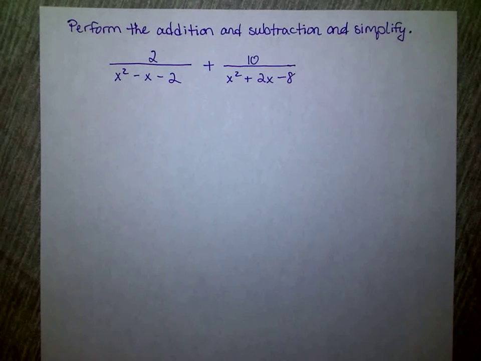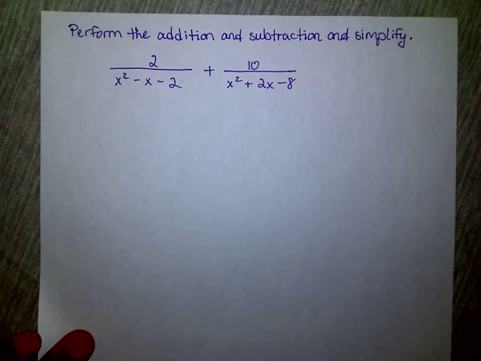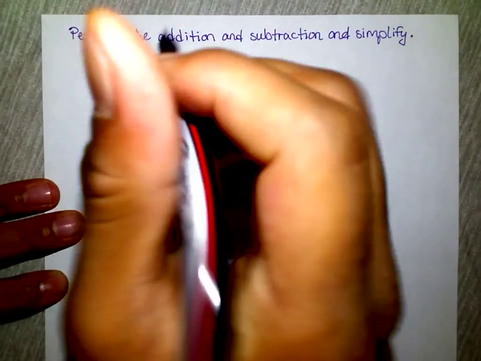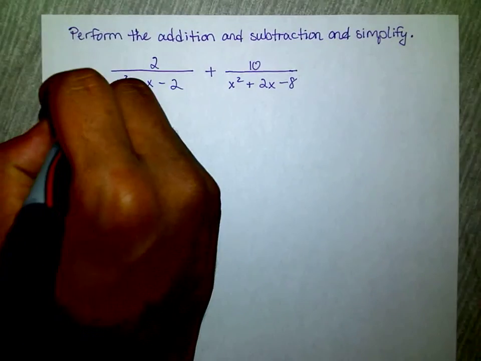Here's our last problem. This one, we got polynomials on the bottom, in the denominators. No worries. Still just going to go ahead and rewrite this problem. And we want to factor the bottom here.